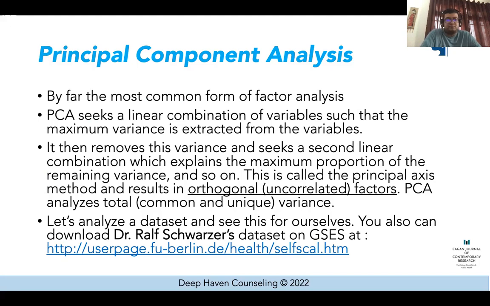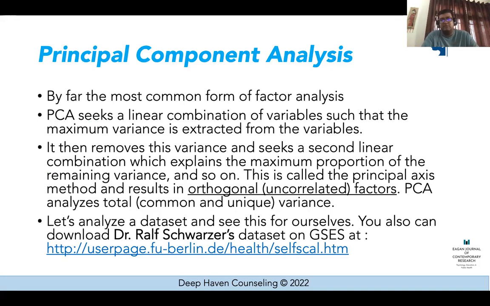And you can do this one as well, principal axis factoring, PAF, which also demonstrates another form of factor analysis. As far as my understanding is concerned, I don't really recollect the exact difference between PCA and PAF, principal axis factoring and principal component analysis.